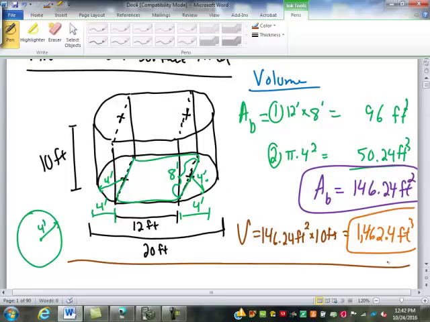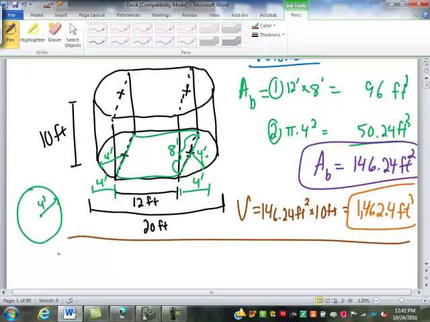For surface area, which is what comes next, if you recall, surface area is the area of the bases plus the lateral area.